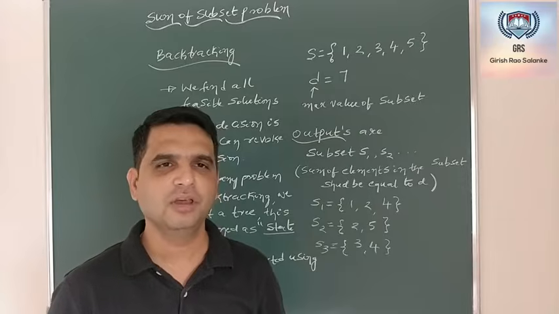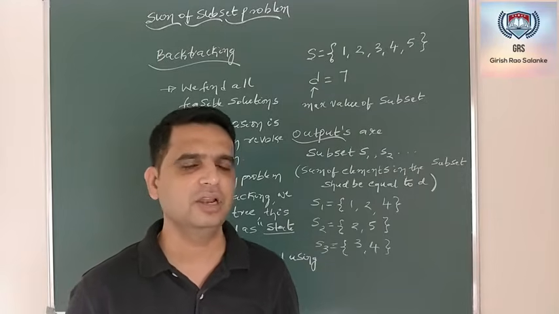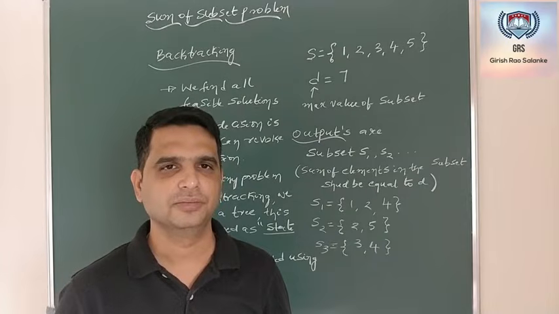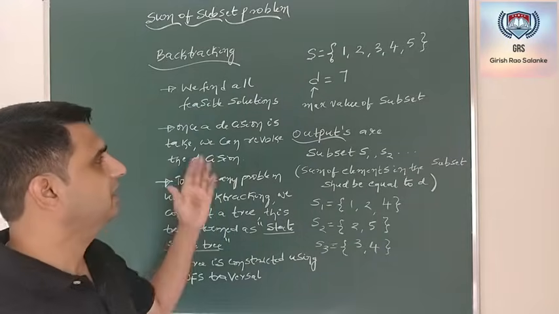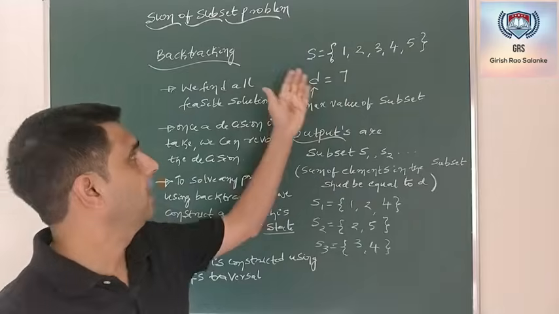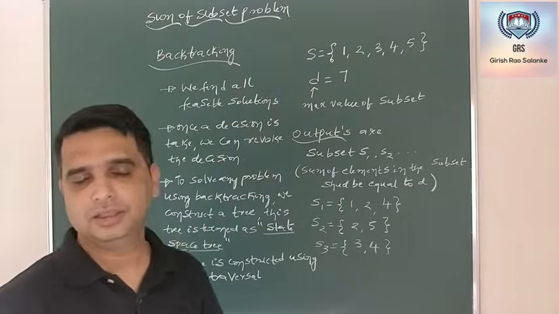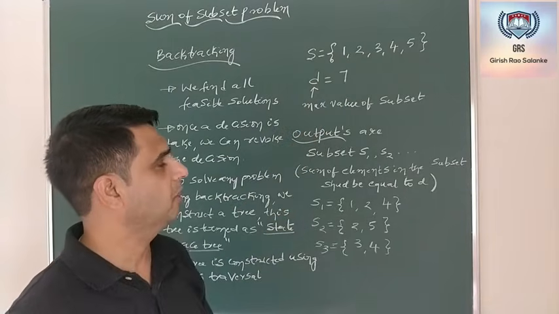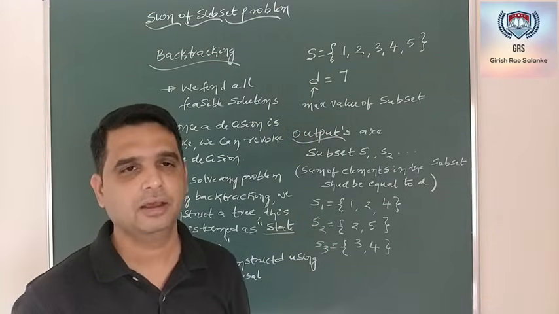Those nodes which do not lead to a final solution are called non-promising nodes. So this was the introduction to the sum of subset problem and the backtracking concept. Now let us solve this sum of subset problem using the backtracking approach.